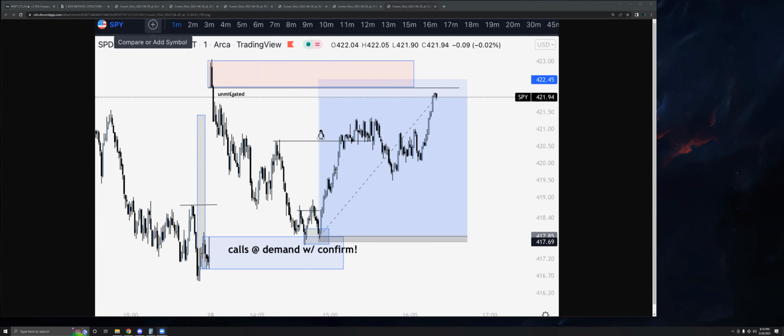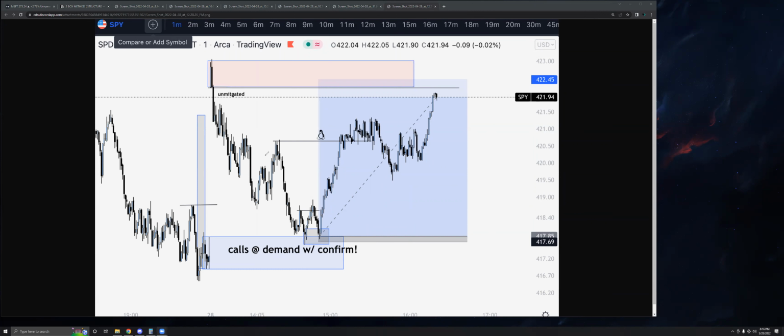And it's going to come into this unmitigated area, because look at this. The banks did a full drop, and they're coming to close their positions right here, because that's an imbalance. Think of this like a gap. Price comes up into this level to close those positions.